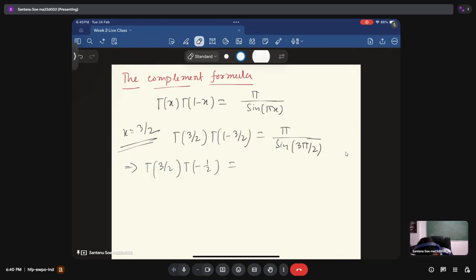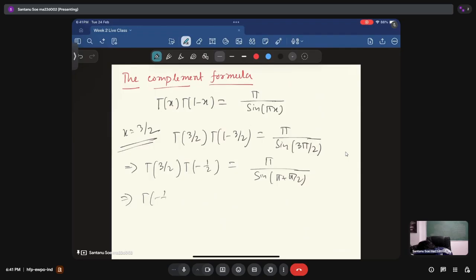So this is gonna be pi times sine of pi plus pi by 2, for gamma of minus half. This is gonna be minus of pi divided by gamma of 3 by 2, because sine of 3 pi by 2 is minus 1.